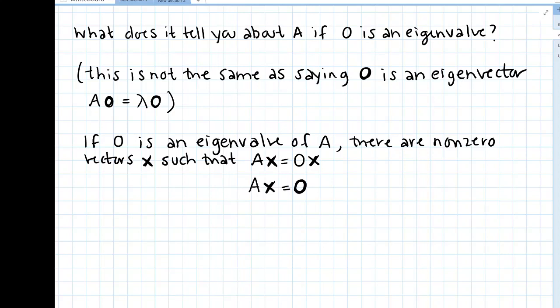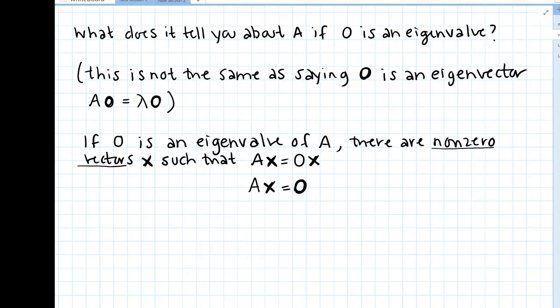As soon as you have non-trivial solutions, so when we say trivial solutions, we mean the 0 vector, right? So of course, Ax equals 0 has the solution that x is the 0 vector. But specifically, when we're talking about eigenvectors, we're talking about non-zero vectors. So if there's a non-zero vector that makes this equation true, that means that A is not invertible.